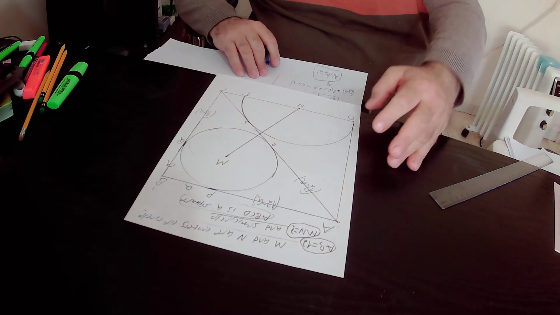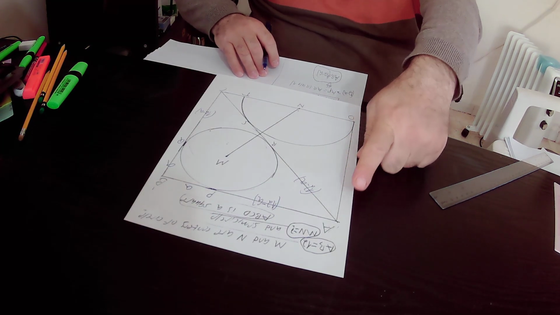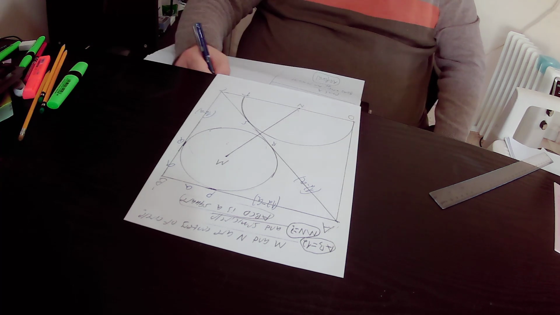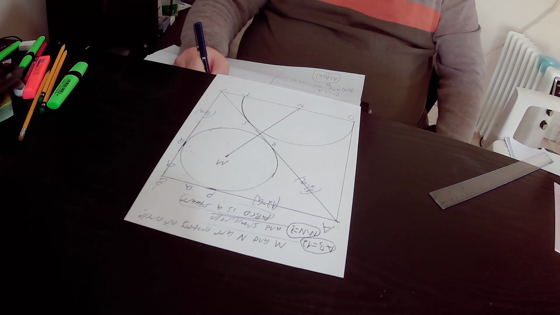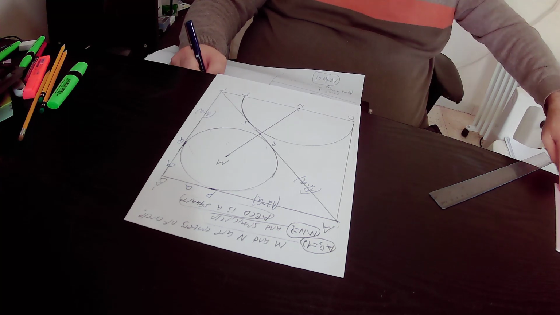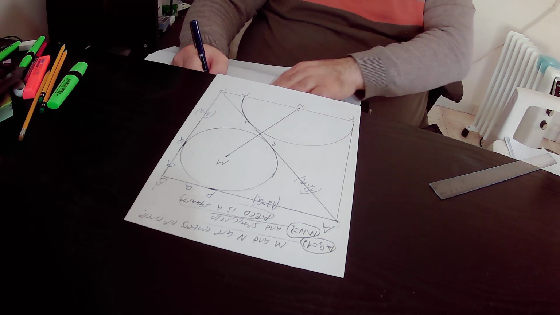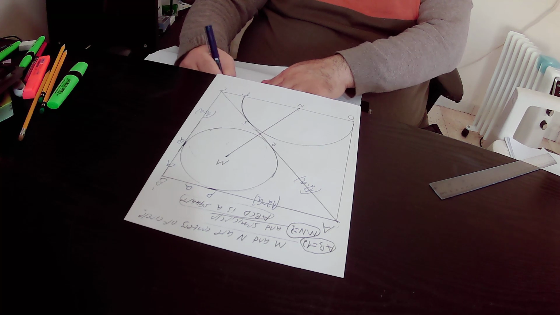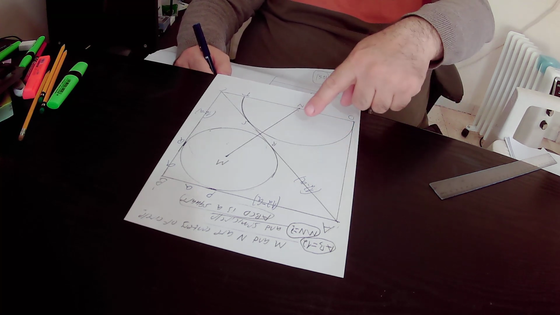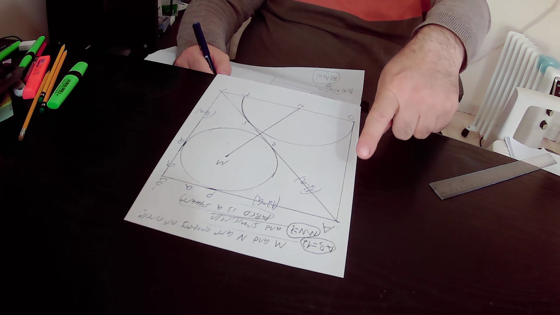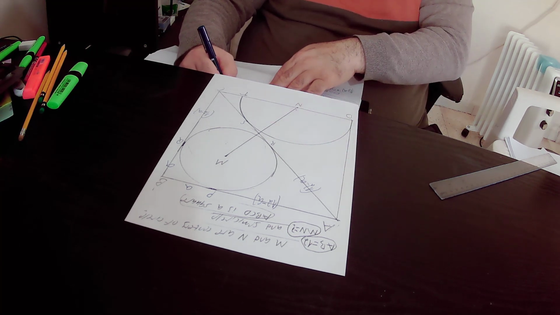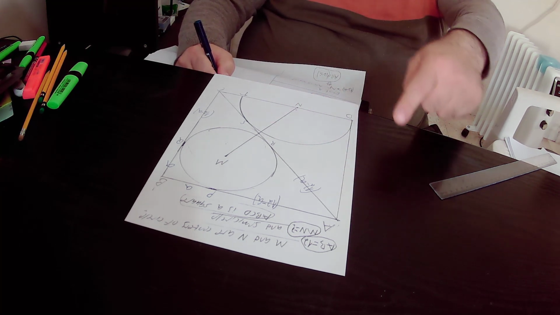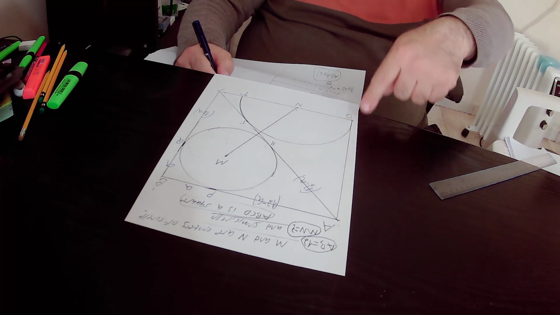We will continue to focus on the external point A. From the external point A, we have two tangents to the semicircle. The first tangent is tangent AS, and the second tangent to the semicircle is tangent AD.